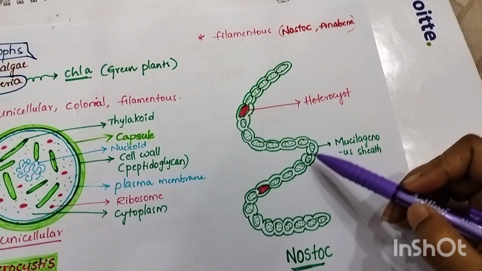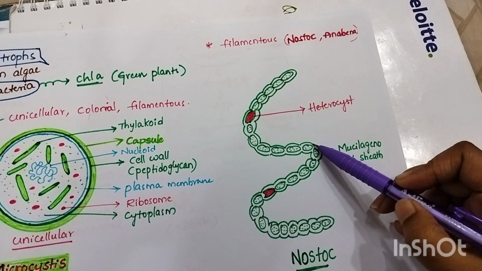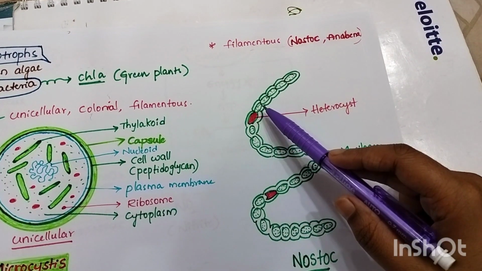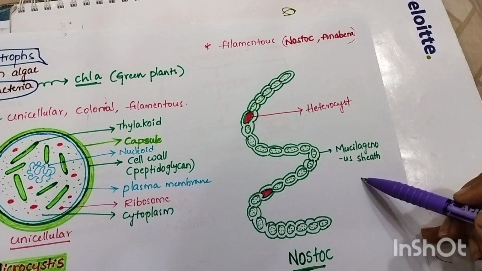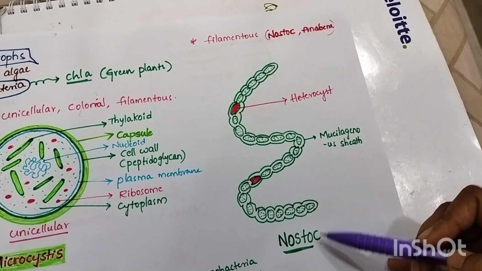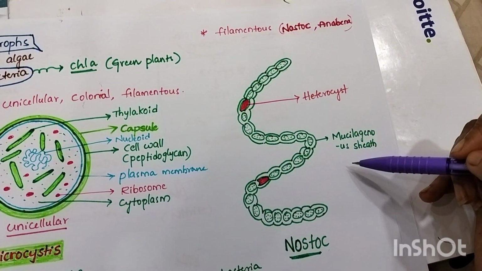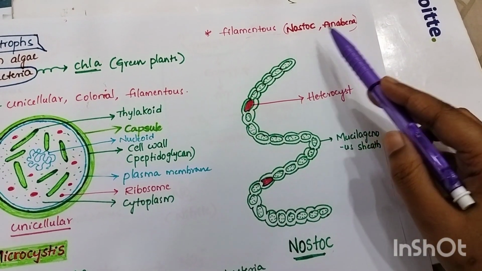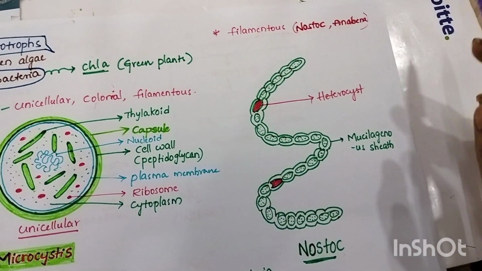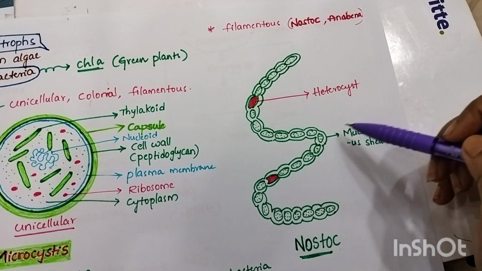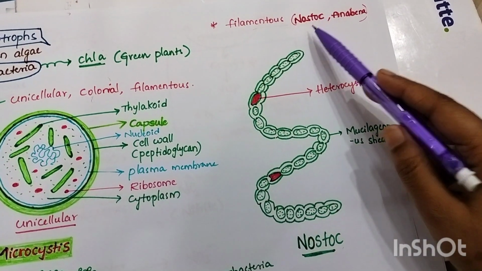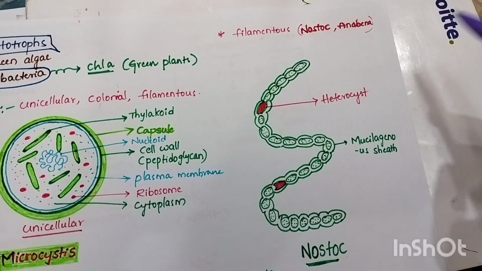And also there is a special layer called a mucilaginous layer around its body. This mucilaginous layer is present in Nostoc, whereas Anabaena doesn't have a mucilaginous layer. Both Nostoc and Anabaena have a similar kind of structure, but the difference is the mucilaginous sheath. In Nostoc it is present, whereas in Anabaena it is absent.